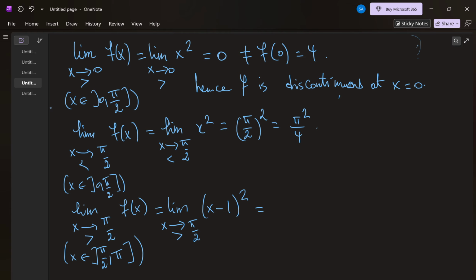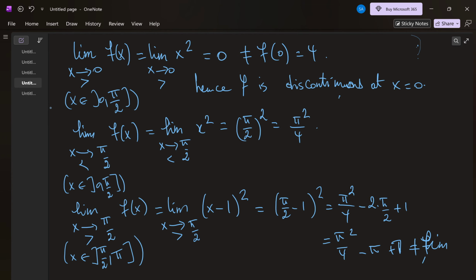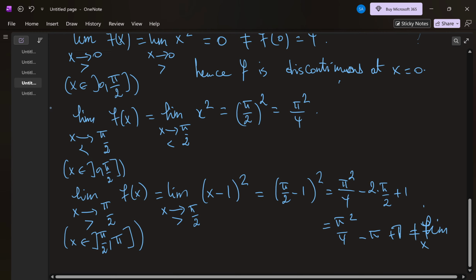So replacing x with π over 2, it becomes π over 2 minus 1 all squared, which is equal to π squared over 4 minus π plus 1, which is different from the limit from the left.